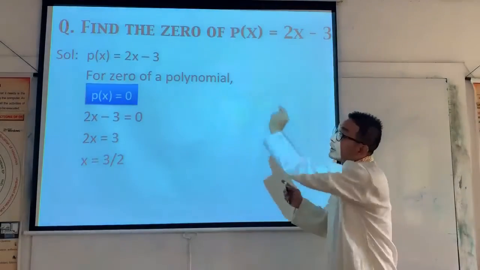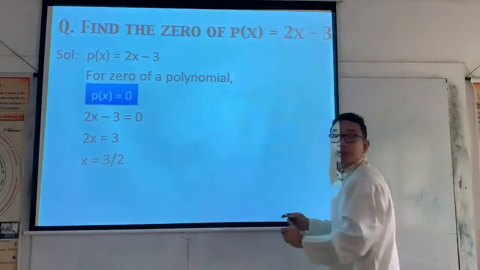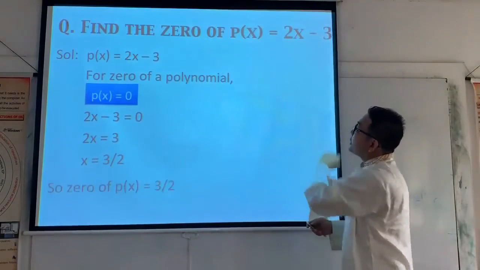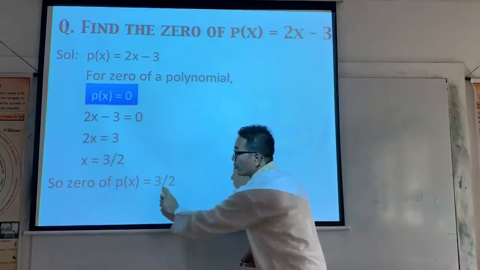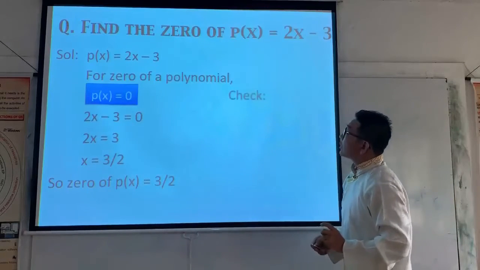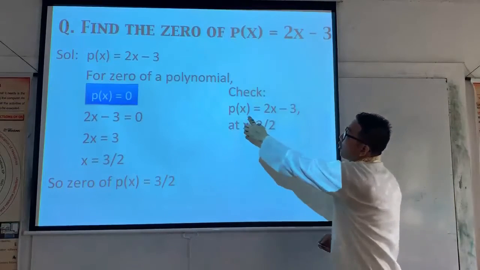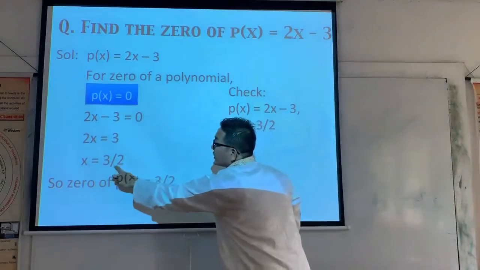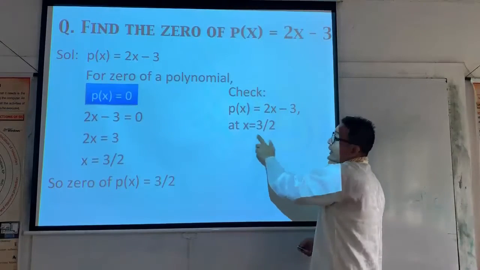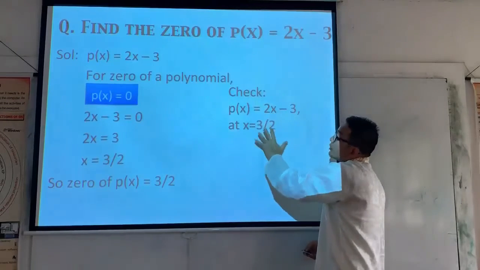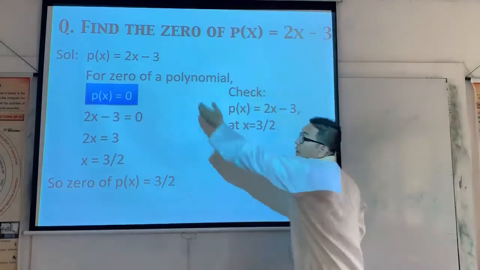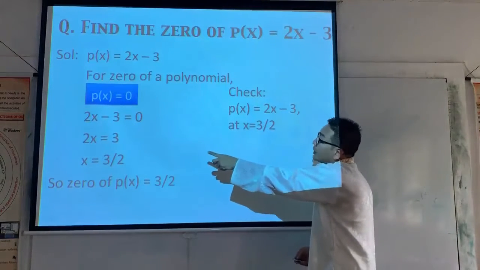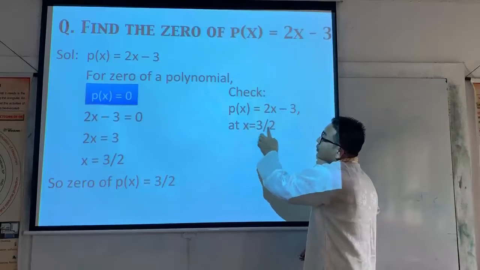Let's check. The polynomial is 2x minus 3, and we put the value x equal to 3 by 2.